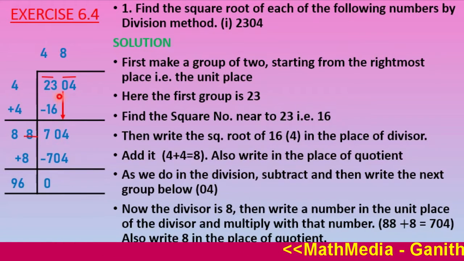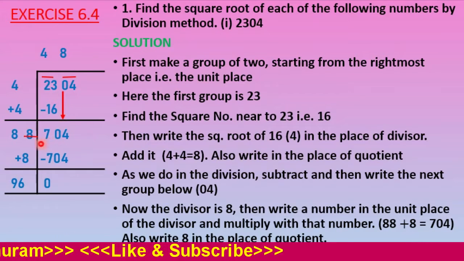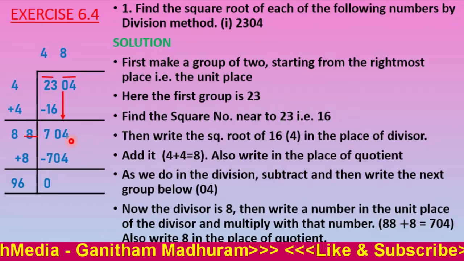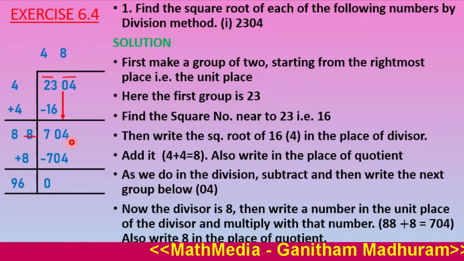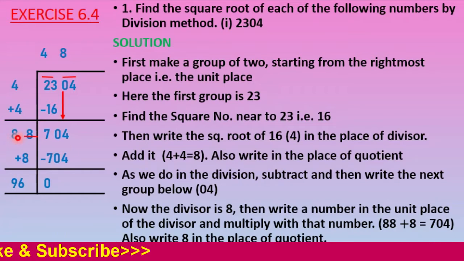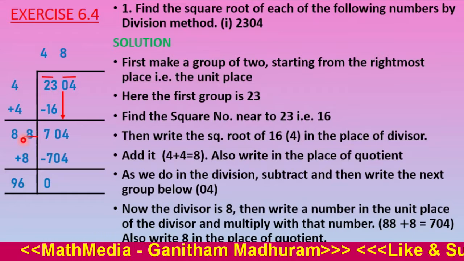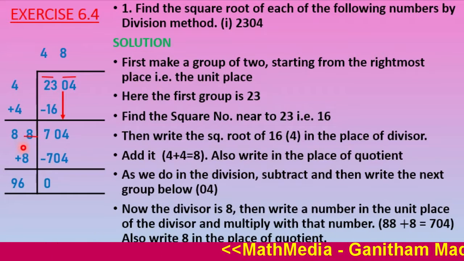Instead of that, we are taking the whole group down. So our dividend is 704. Is it clear? Now we have 8 here. Which number are we writing at the unit place, rightmost side of 8? With the same number we have to multiply.